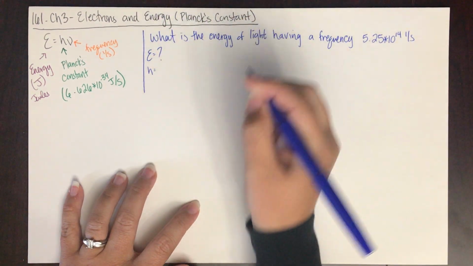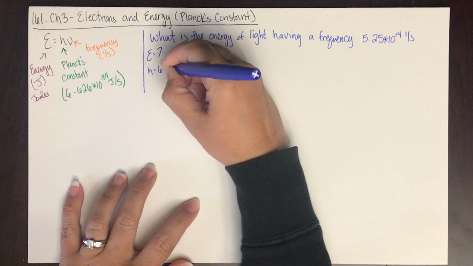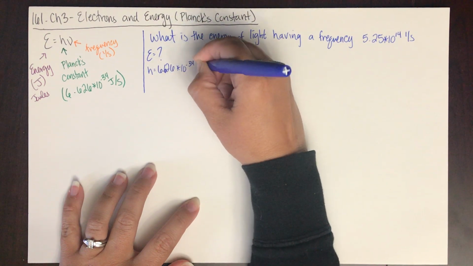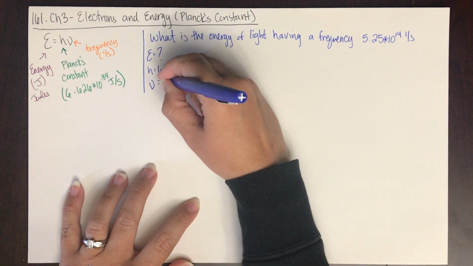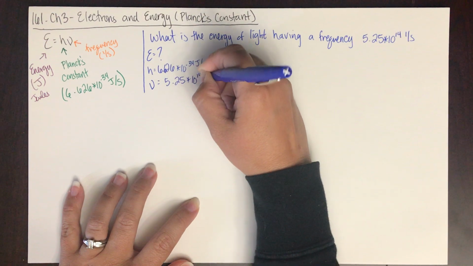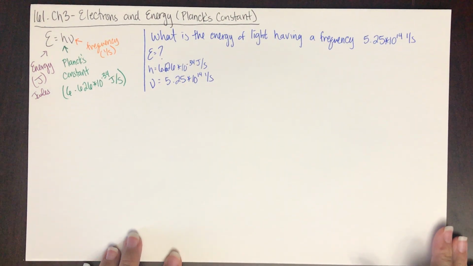We know Planck's constant that we'll be using. It's always 6.626 times 10 to the negative 34th joules per second. And the frequency that we've been given is 5.25 times 10 to the 14th 1/seconds. So we're solving for energy in joules.